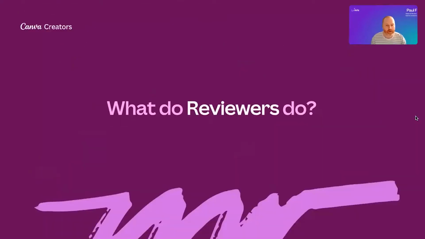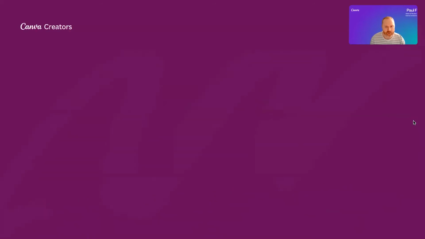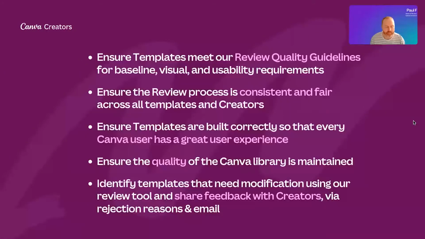All right. So what are reviewers doing? Where do they spend their time, and how do they remain focused on ensuring the library is consistent? One of the first things that our template reviewers do is inspect the content for review quality guideline appropriateness. So we have baseline review, visual review, and a usability component.